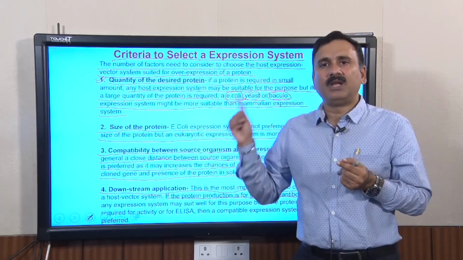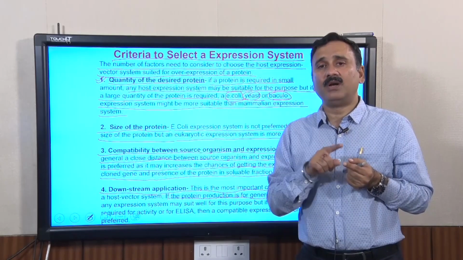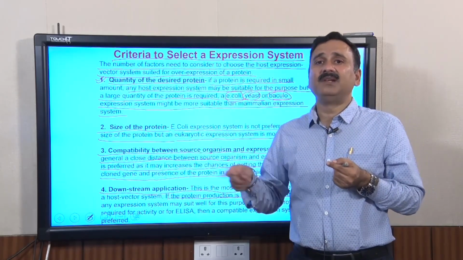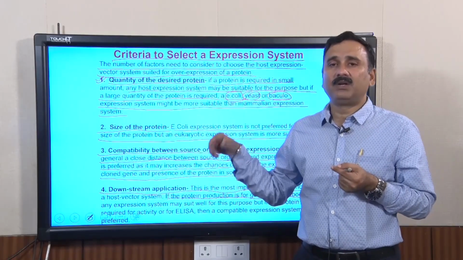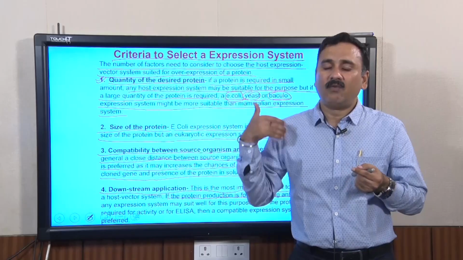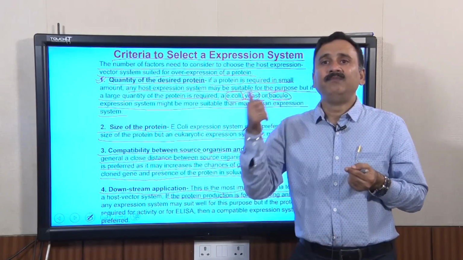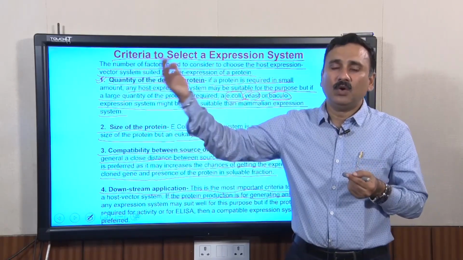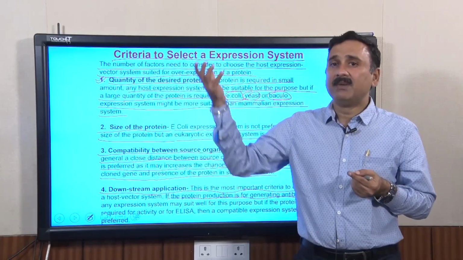So, even if the protein is being overexpressed and it is not present in the soluble fraction, or it is not properly folded, even then the antigenic site may still remain conserved, and you can use these proteins for generating antibodies, as well as using this protein as an antigen to develop ELISA kits to diagnose antibodies present in the patient sera.